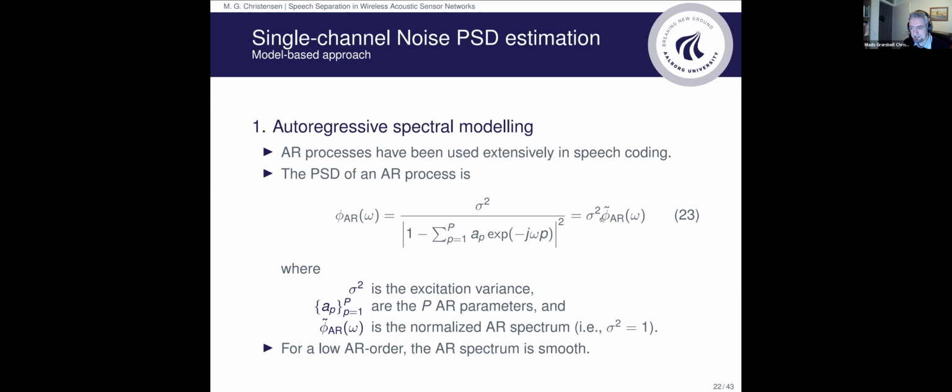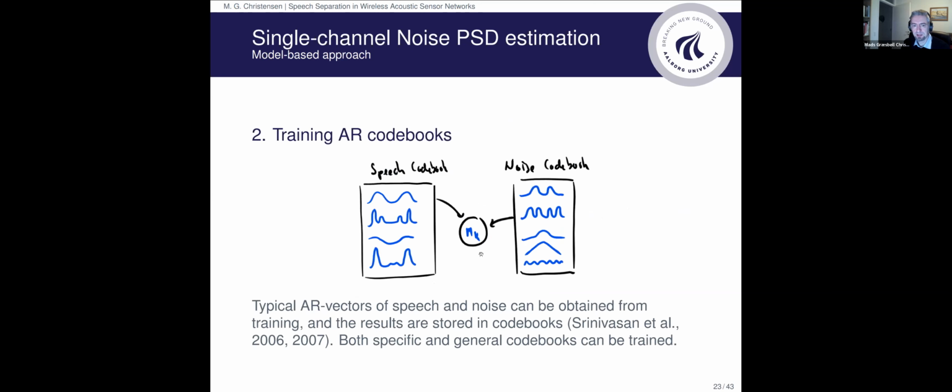So we can think of this as a scaled power spectral density, phi tilde AR of omega, that you see here. So what do we have here? Well, we have an excitation variance, we have the AR parameters, and we have this normalized spectrum. And then generally, for a low AR order and a stable AR, this spectrum is smooth.